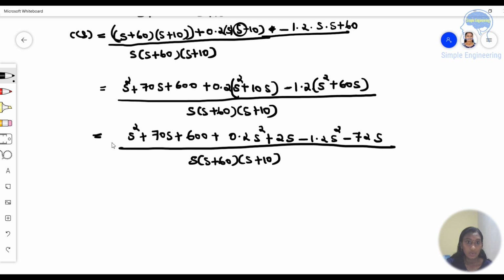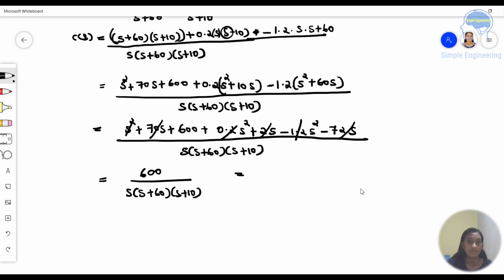So 1 s square plus 0.2 s square is 1.2 s square, and minus 1.2 s square will get cancelled. Next is 70s plus 2s, that is 72s, and minus 72s will get cancelled. So you will get 600 by s into s plus 60 into s plus 10.